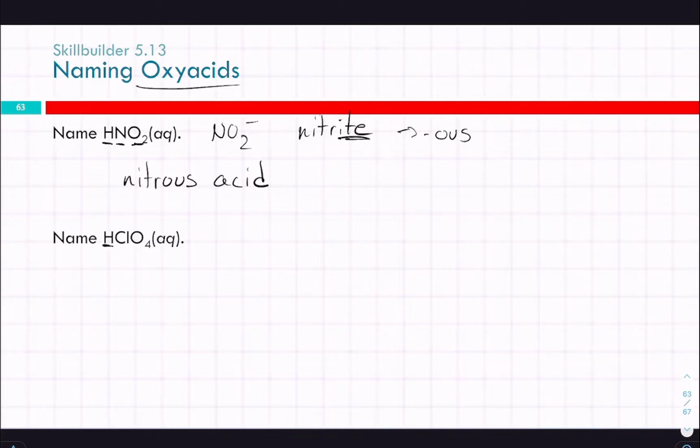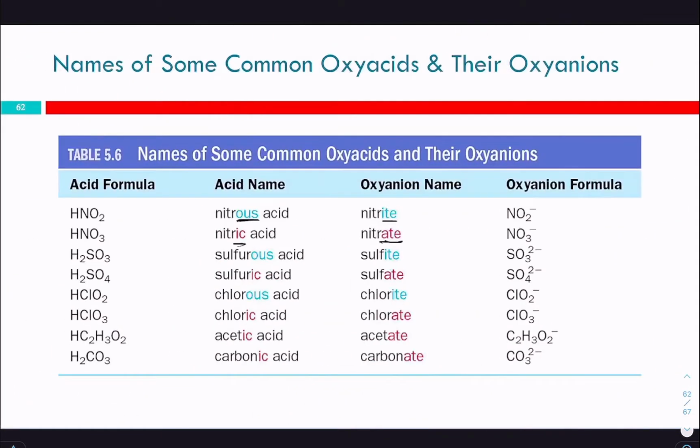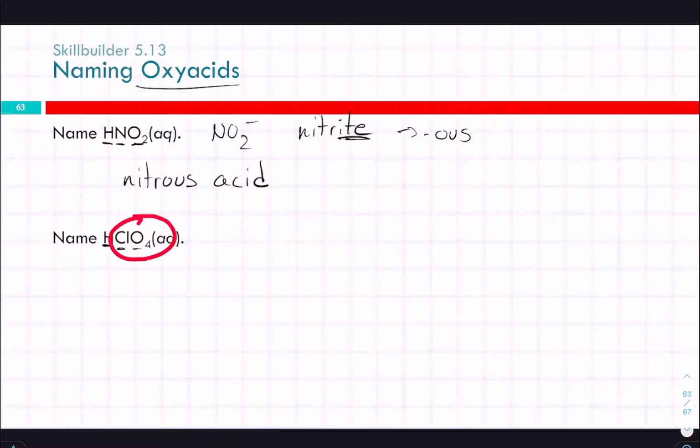And then just remembering that ITE is OUS, ATE is IC. So for our next one, again, it starts with an H. It's an acid. And then we have chlorine and oxygen, so it's an oxyacid. Chlorate here is ClO3 minus. So this has ClO4 minus.